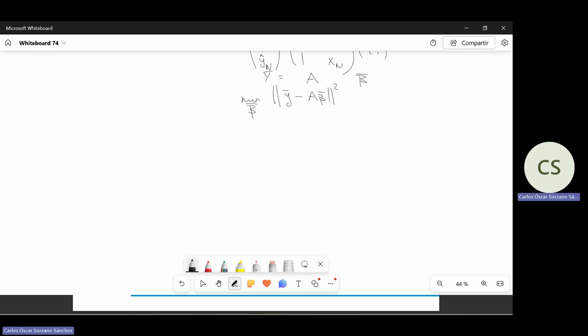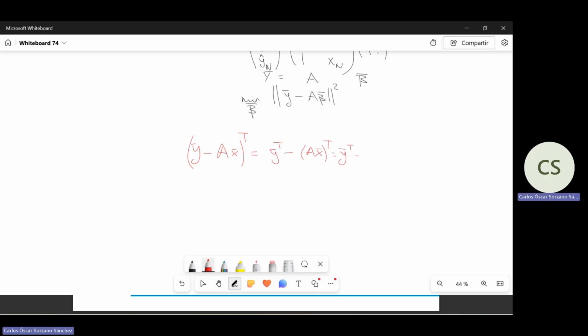So this is y transpose minus x transpose A transpose, times y minus Ax, but all these are vectors.